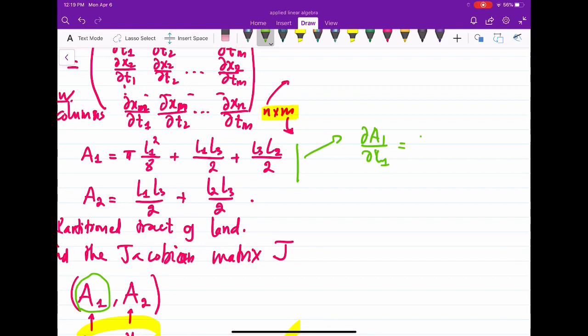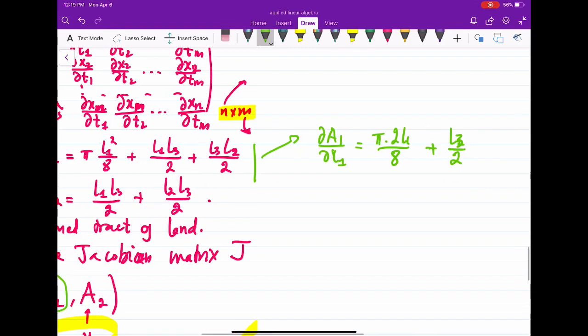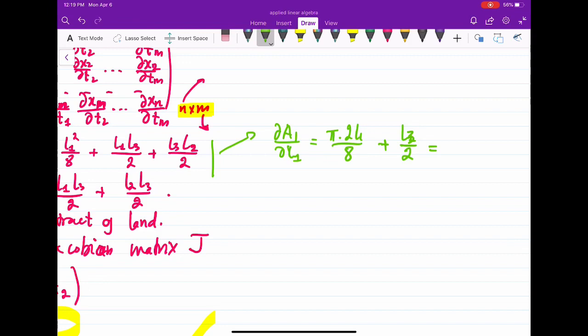So I will have pi 2 L1 over 8 and then L3 over 2, and the derivative of the last term is just 0 because it does not have L1, right? Overall, I can simplify. I get pi L1 over 4 plus L3 over 2.